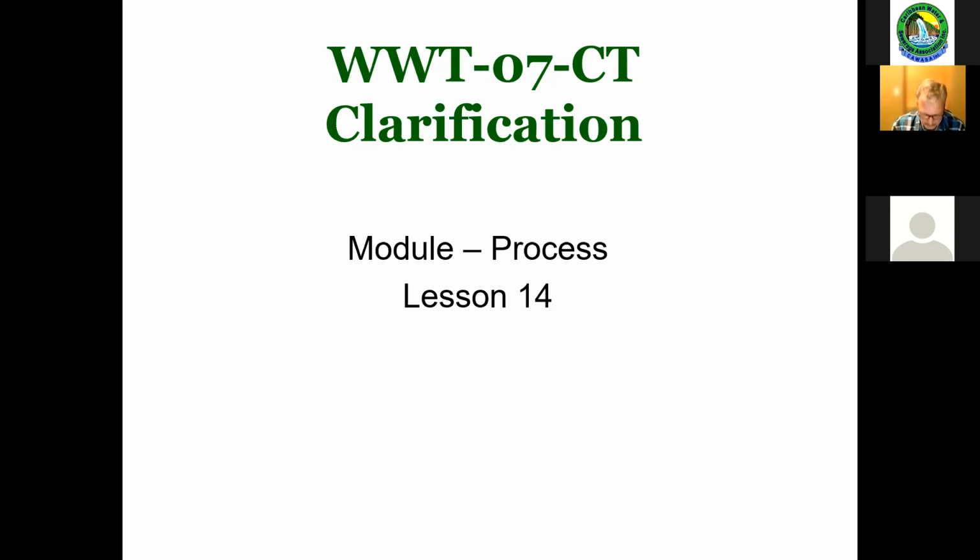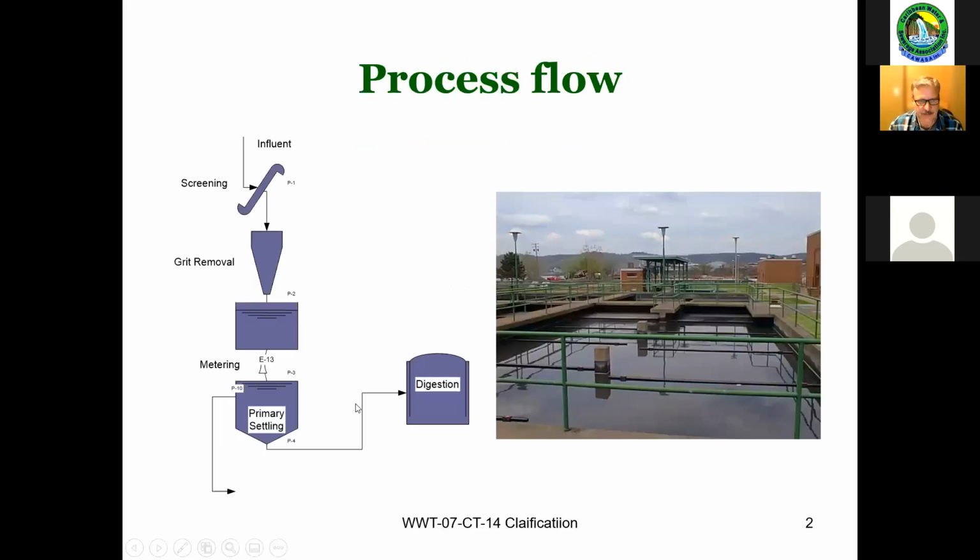Sludge will settle to the bottom, and floatable material comes to the surface. Typical picture of a primary clarifier. There's many different designs, whether rectangular or circular, but they all perform the same function.